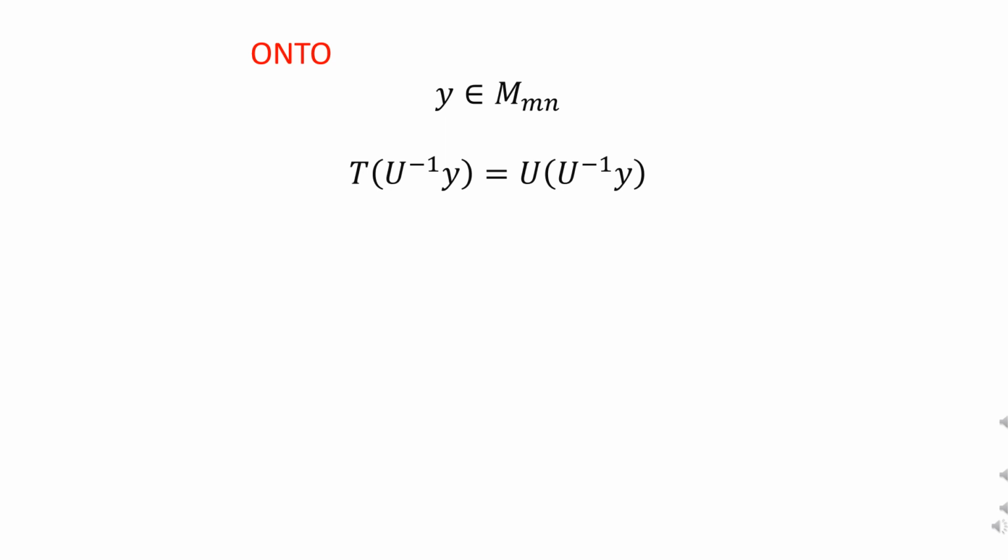So let's check whether it is surjective or not. T of U inverse of y is equal to U into U inverse of y. That is surjectivity, meaning every image has a pre-image. So y is in M_MN, so T is onto.